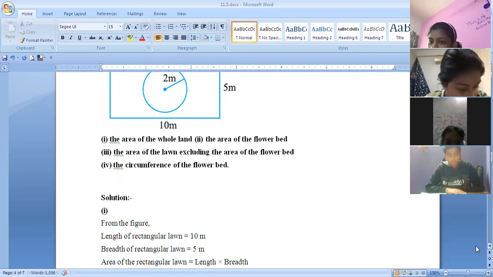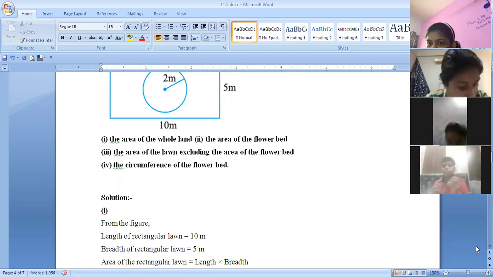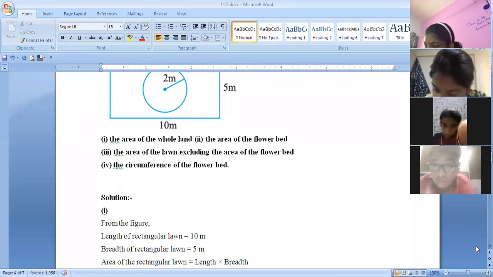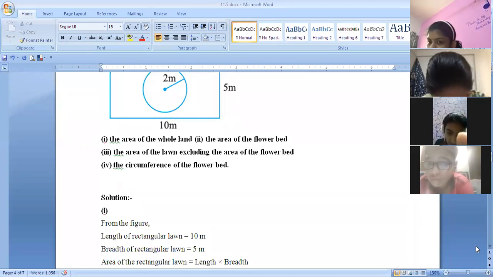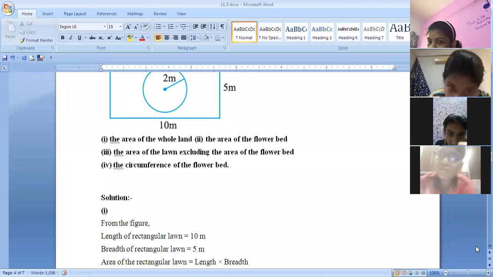Devanshi, Abhigyan. Give me the answer, children. Yes, Mahi, correct. Tanvi, correct. What about others? Take out the area of the whole land. Give me the answers, children, in the chat box.